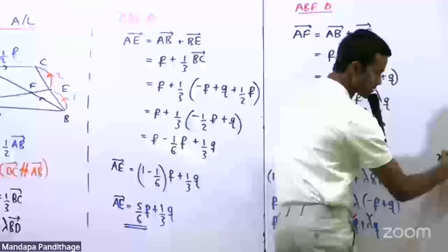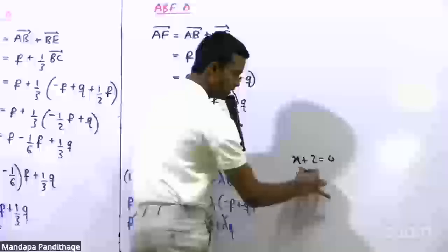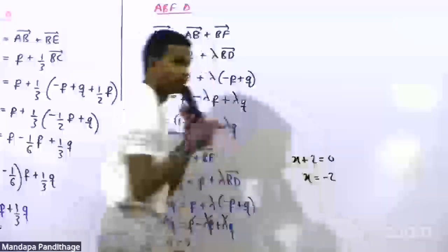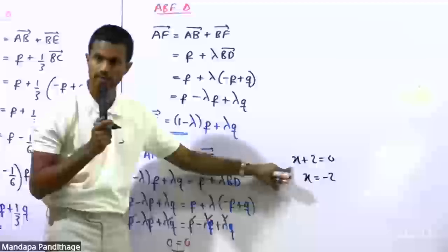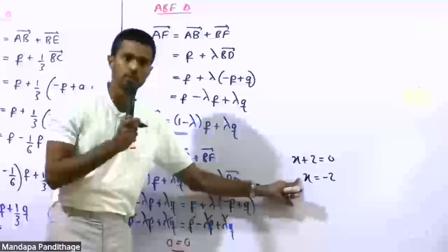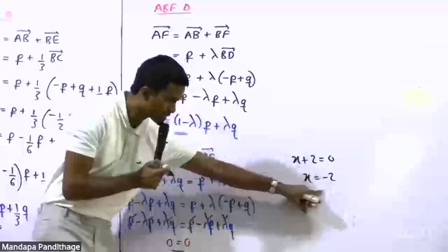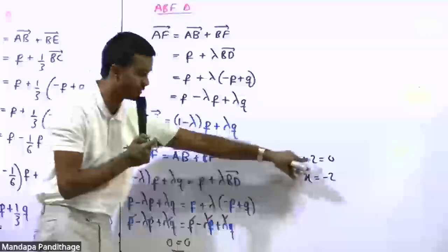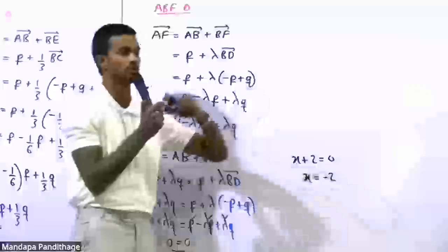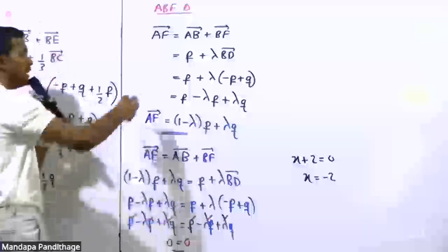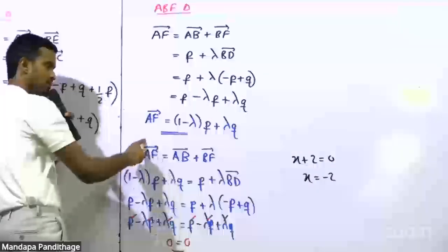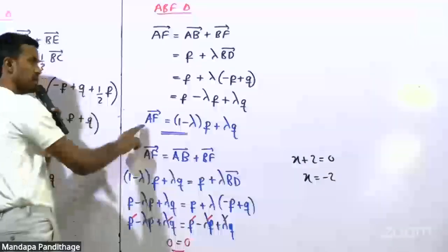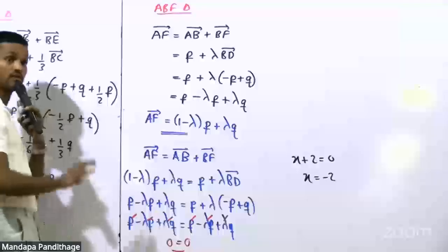If x plus 2 equals 0, we know that x equals minus 2. So we are using this equation to get the answer x equals minus 2, and when you substitute this answer back into it, you end up with 0 equals 0. So there's no use of applying vector addition to triangle ABF because we have already used it.